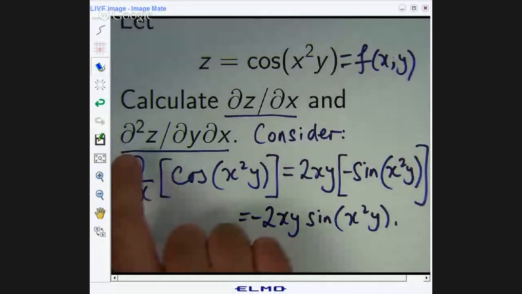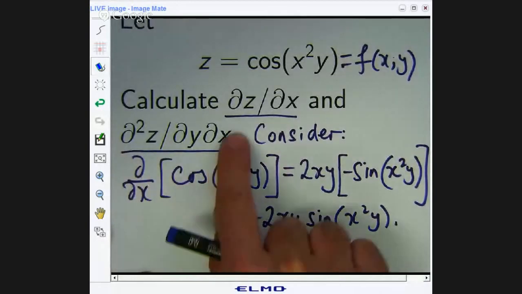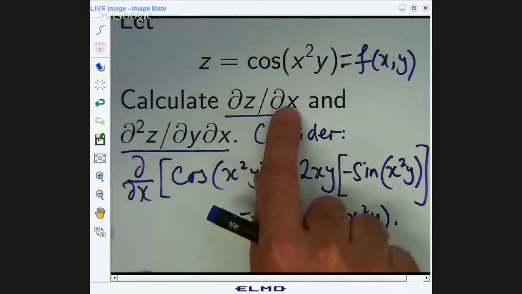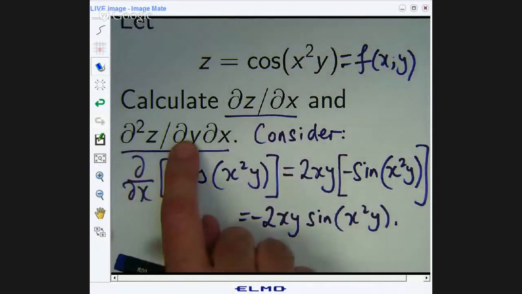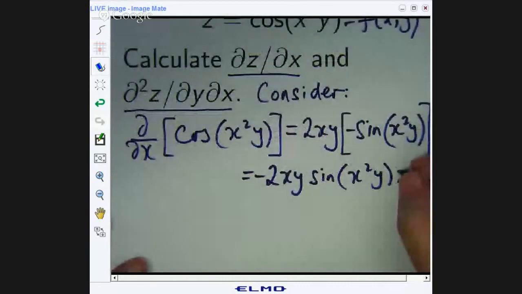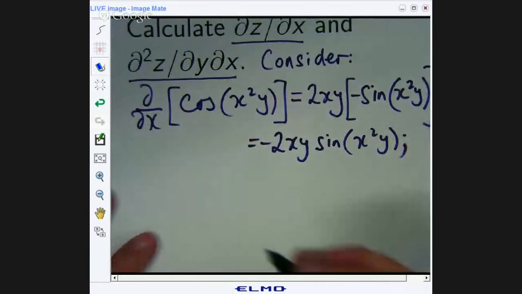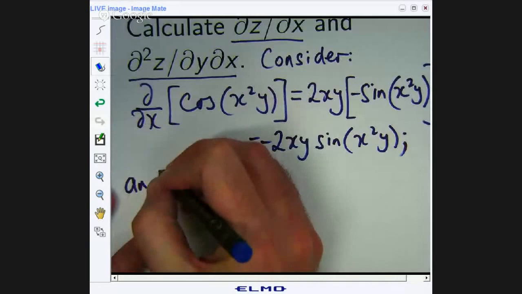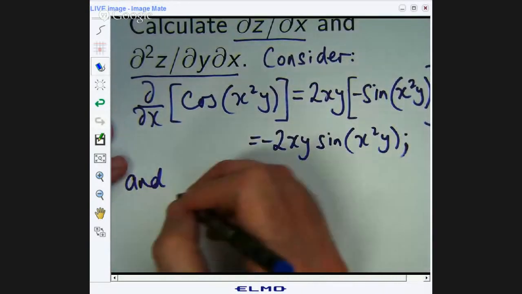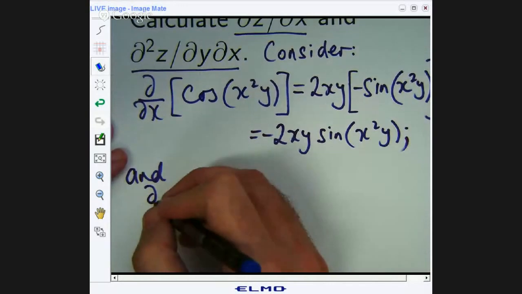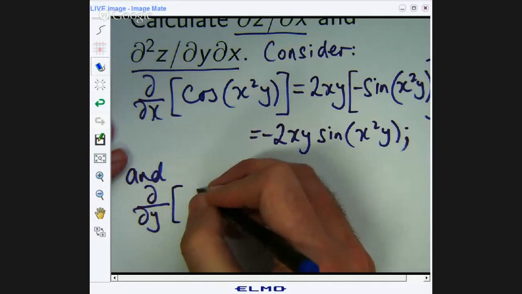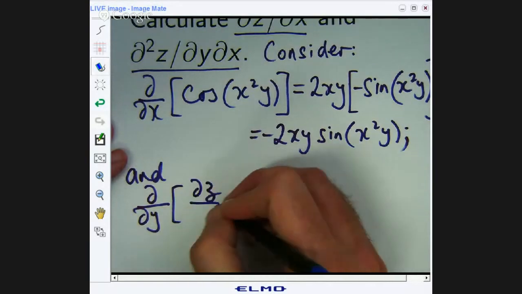Okay, so the second question is compute this second order partial derivative. So here I computed dz/dx. Now I want d/dy of dz/dx. So let's consider d/dy of dz/dx.